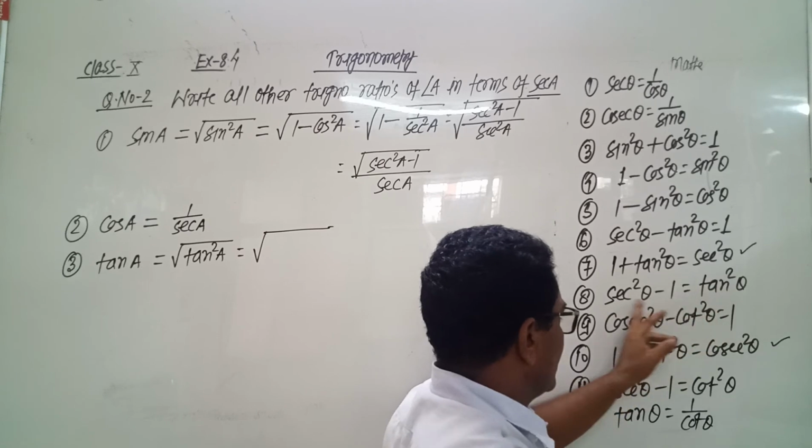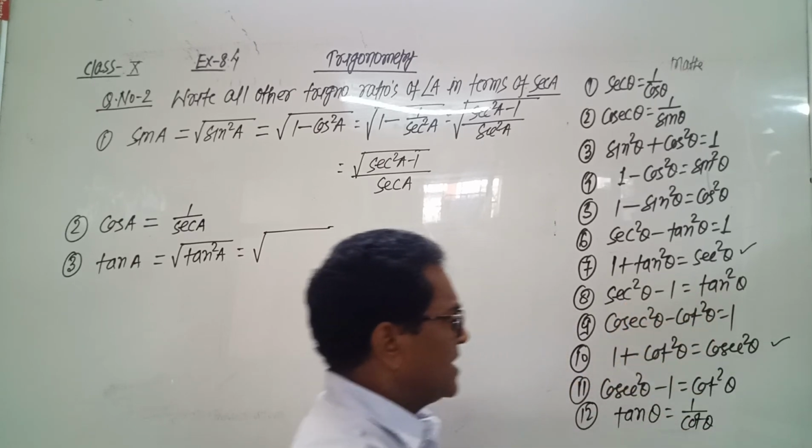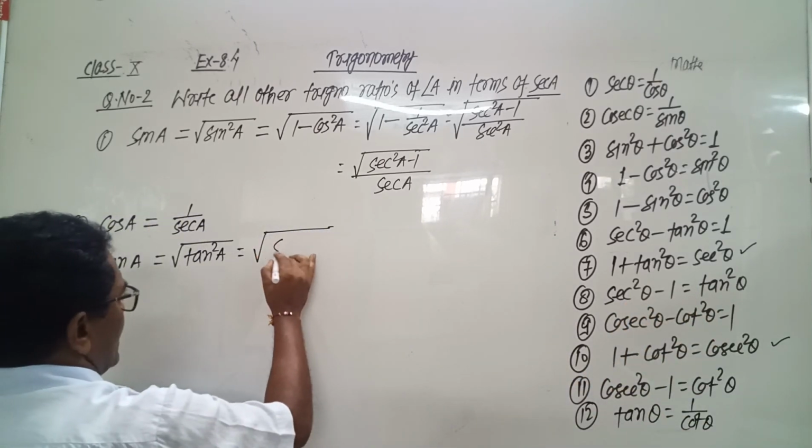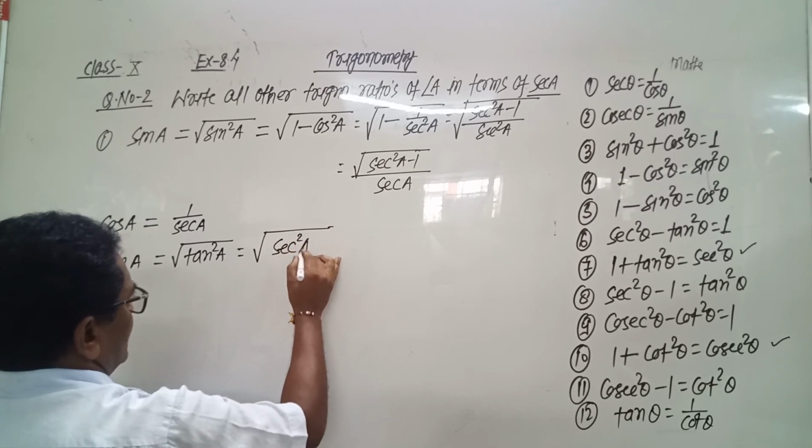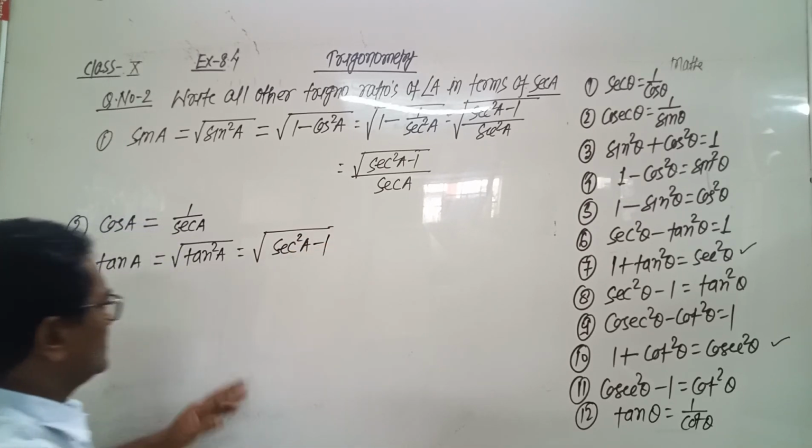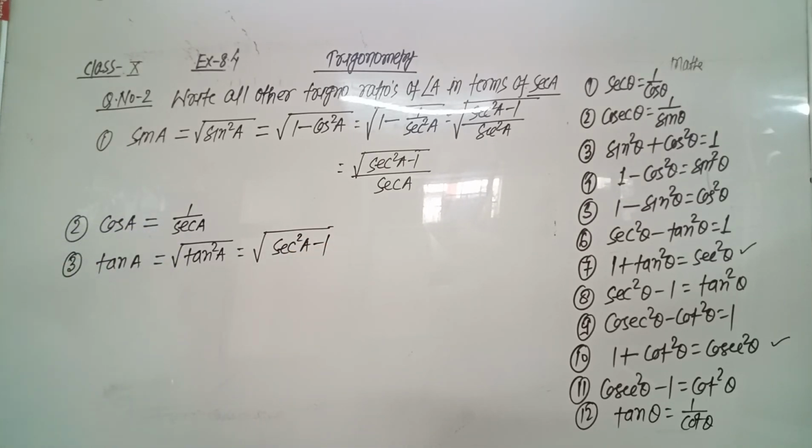Tan square theta equals sec square theta minus 1. So tan square A is written as sec square A minus 1. So we have converted tan A in terms of sec A.